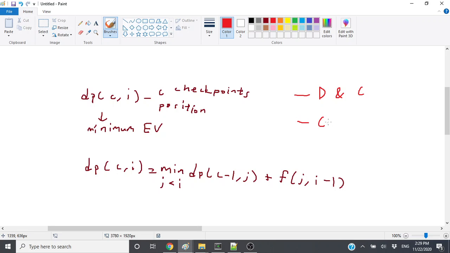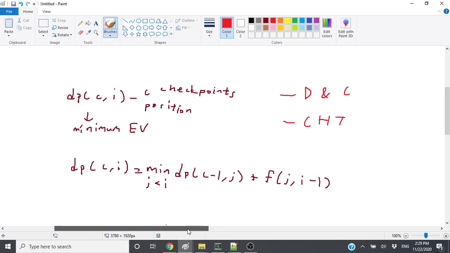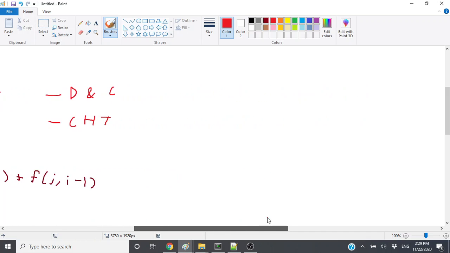There's another way too, one called convex hull trick. You don't really need to know much about how it works. All you need to know is that it can optimize certain recurrences.